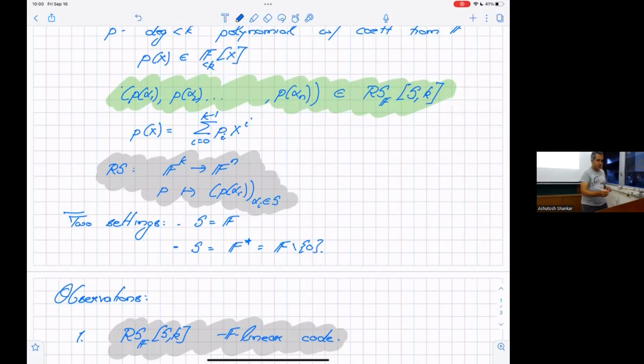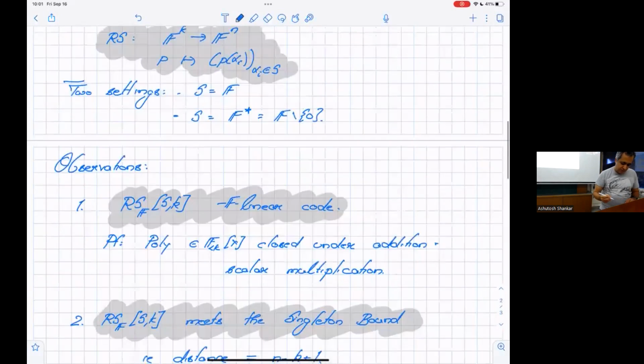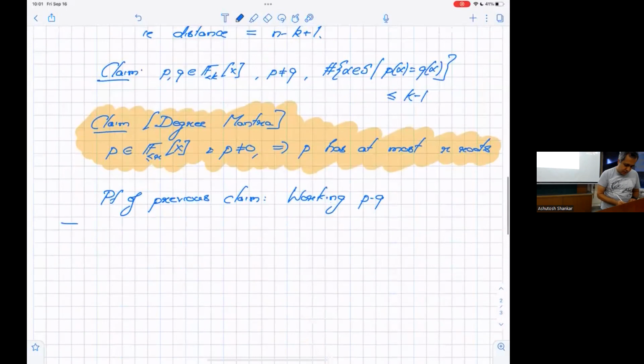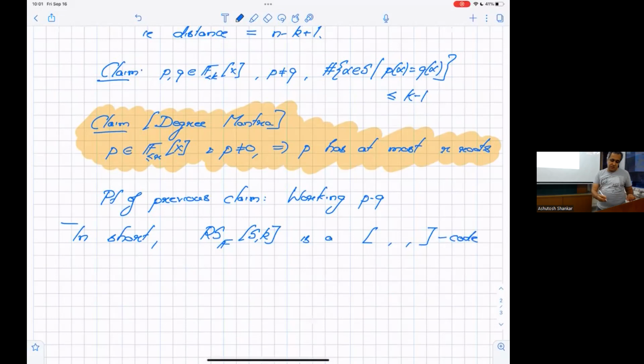So to put that all short, what I'm stating is the following about RS, what we've seen so far in short. Let's write it in the coding notation. With a linear code, those are the square brackets.